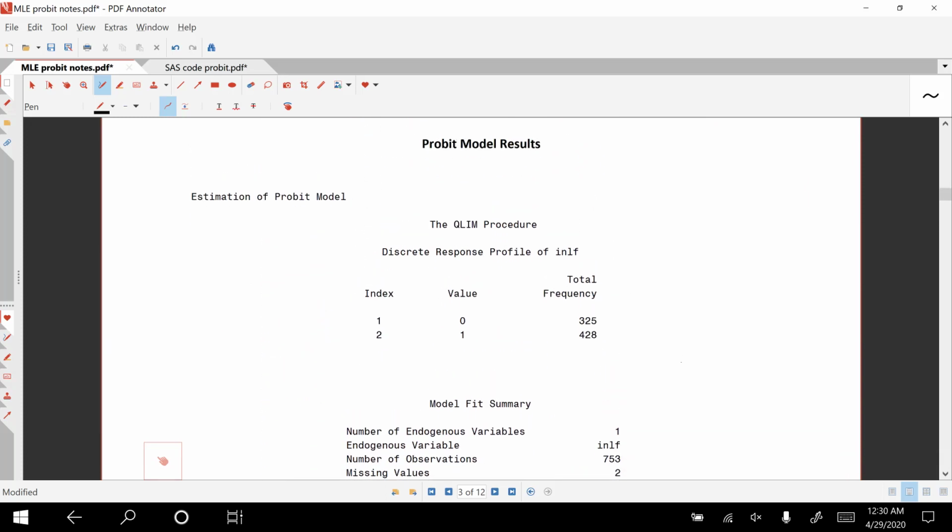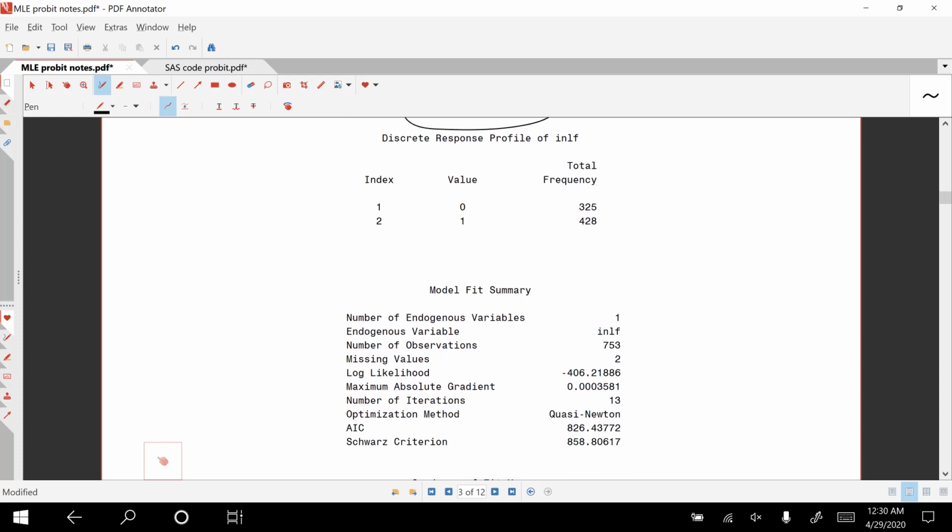So these are the results from the QLim procedure. The values are 0, 1. Have in mind that the index 2 here is for y equal to 1. We'll go back to that later on.